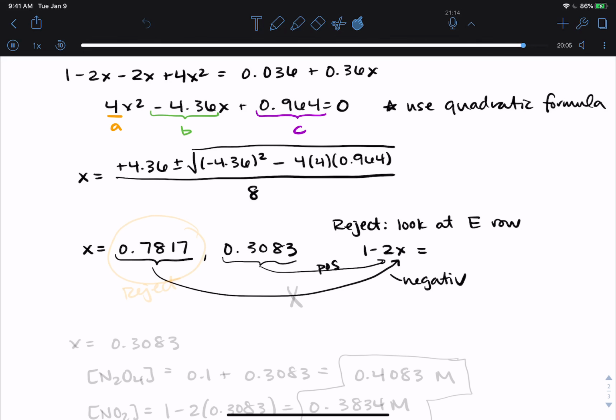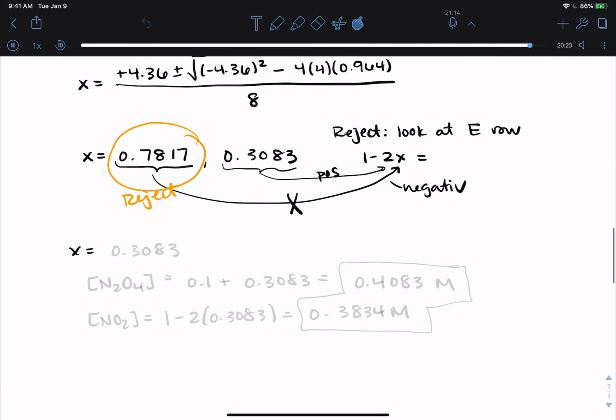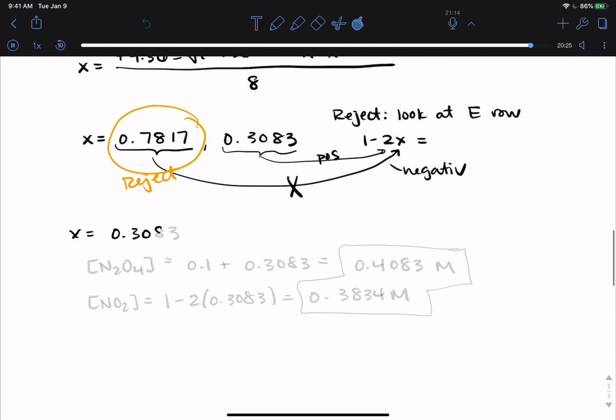So we can reject the 0.78 because when it's plugged in, it would give us a negative concentration. So x equals 0.3083. Again, still not my actual final answer.